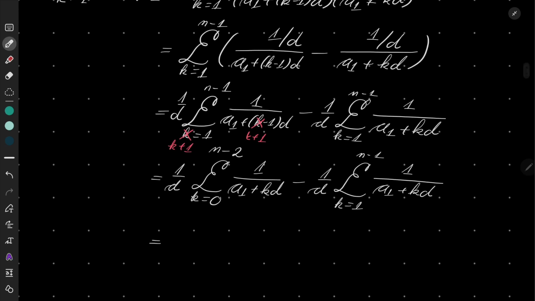And here we see that almost the entire sum disappears, except for the first term in our first sum, a1. Everything disappears in the second sum, but the only term remaining is 1 over a1 plus n minus 1 times d.